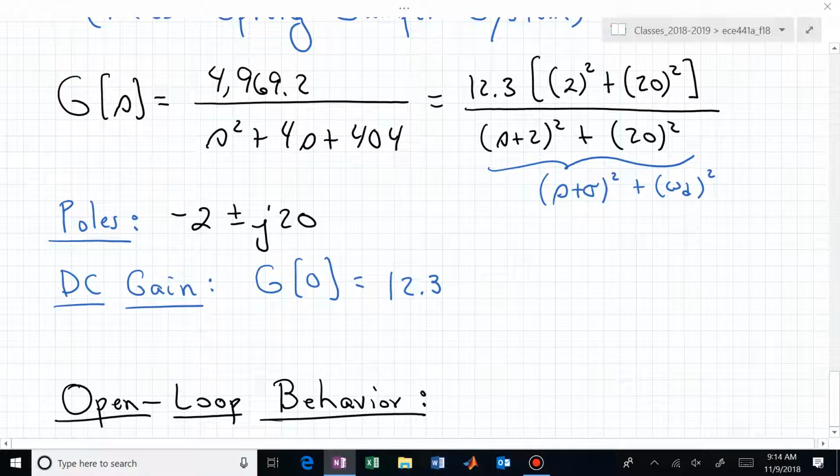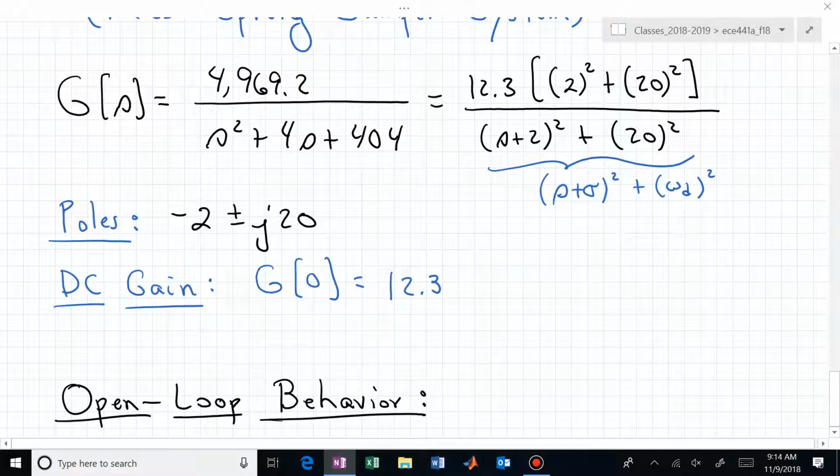Yes, our poles are in the left half plane. They have a -2. It may oscillate, it may shake, but it's e to the minus 2t in terms of its damping. And now if I put in a 1, can you tell me where you expect the output to be after all of the shaking? 12.3. That's the DC gain.